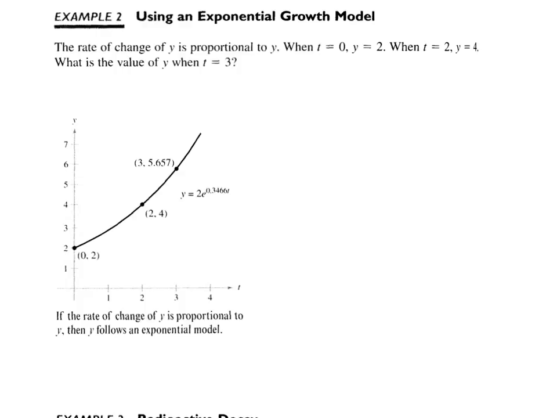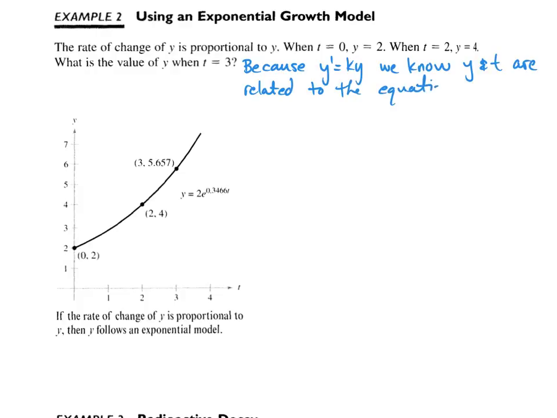All right, so maybe we should write that out. Because y prime is equal to ky, we know y and t are related to the equation y equals c e to the kt.